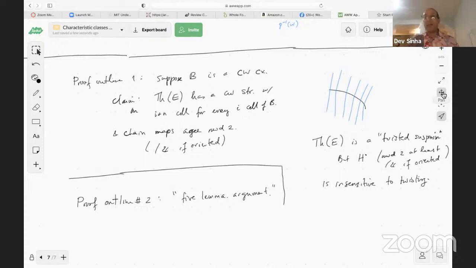At some point in these 5-lemma arguments, and for example, Hatcher proves Poincare duality in its greatest generality in this way, you might have a limit to wrestle with. But the main thing is to go from the trivial case to the global twisted case by piecing these isomorphisms together.